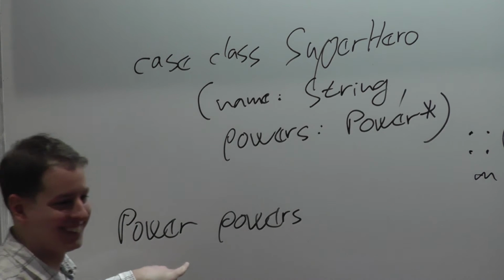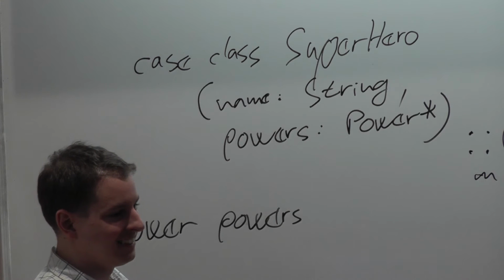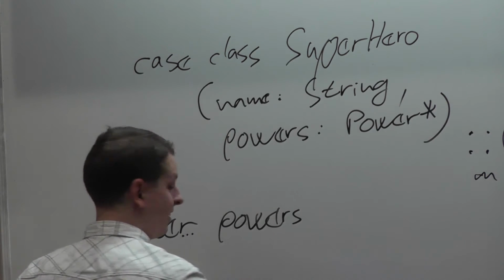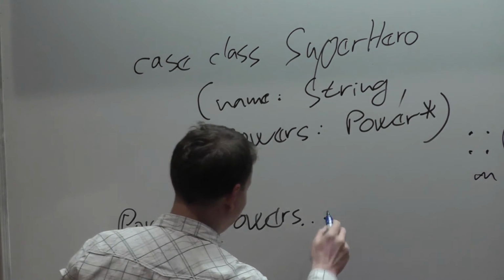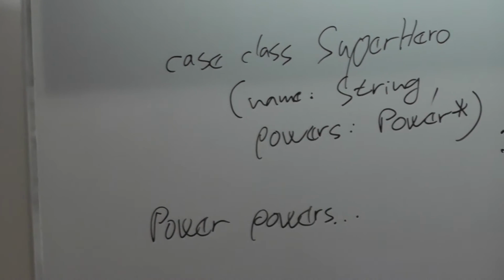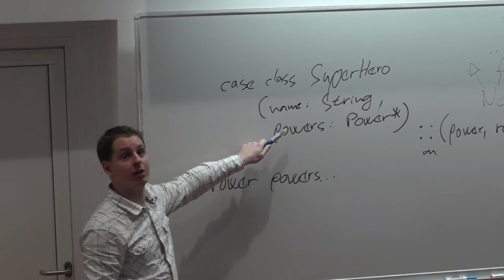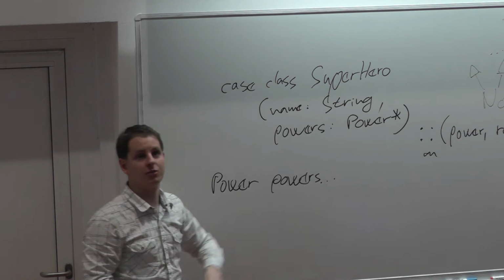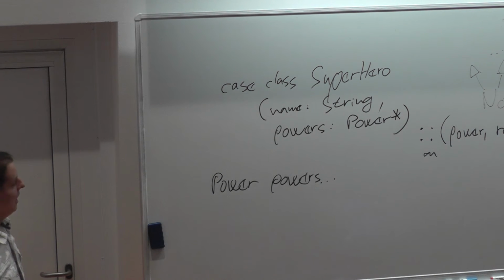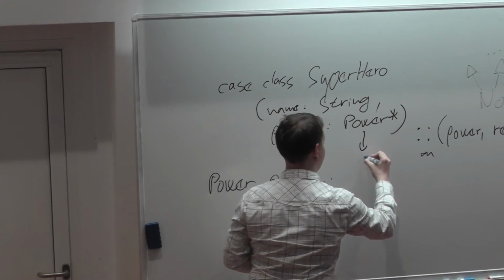Is it here or here? After the type. Actually, I think it's after the name. I'm not sure. So this means there is a variable number of parameters, denoted by the star in Scala, and in Java it's three dots. So it's the same. And under the hood there is a sequence.